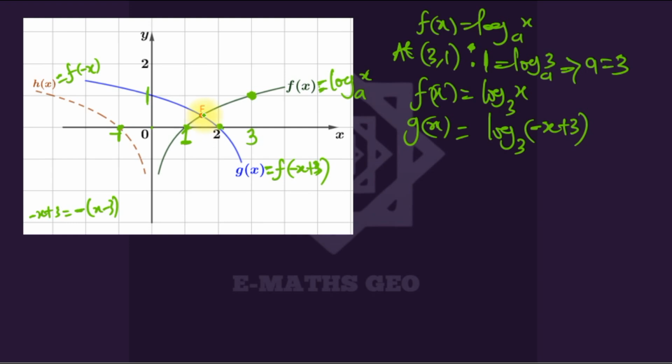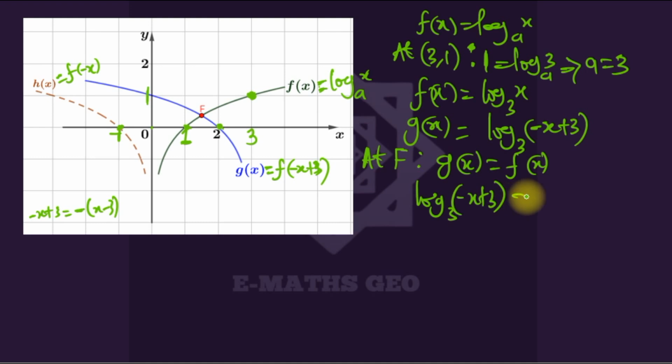But we're asked to find the point of intersection. That is the coordinate of F. So at F, g(x) must be equal to f(x). So the two must be equal. So I have that log base 3 of (-x + 3) must be equal to log base 3 of x.